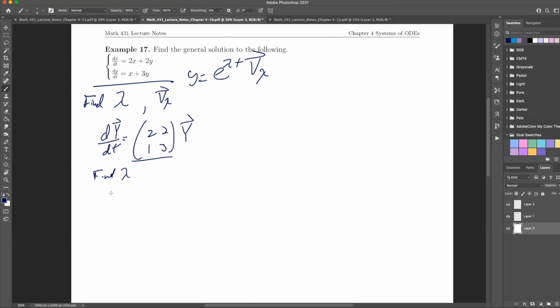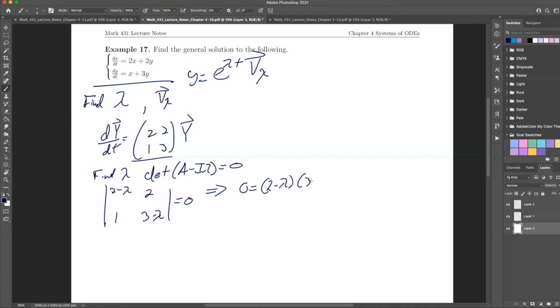So the eigenvalues here are found by taking the determinant of A minus lambda I, and we set that equal to 0. In this case that would be the determinant of [2 minus lambda, 2; 1, 3 minus lambda] equal to 0. This implies that 0 equals (2 minus lambda) times (3 minus lambda) minus 2.